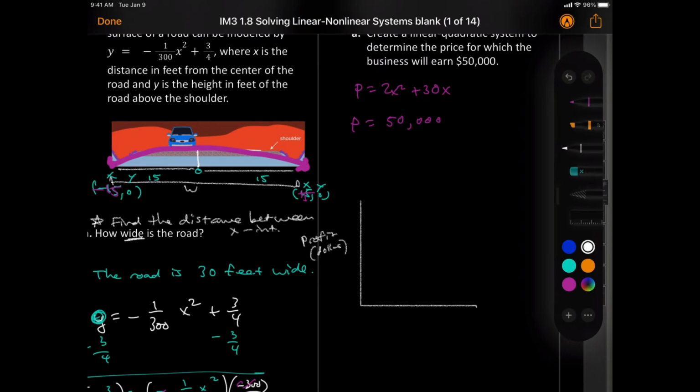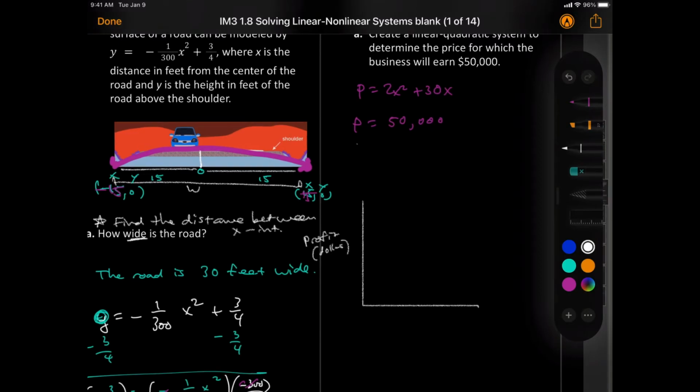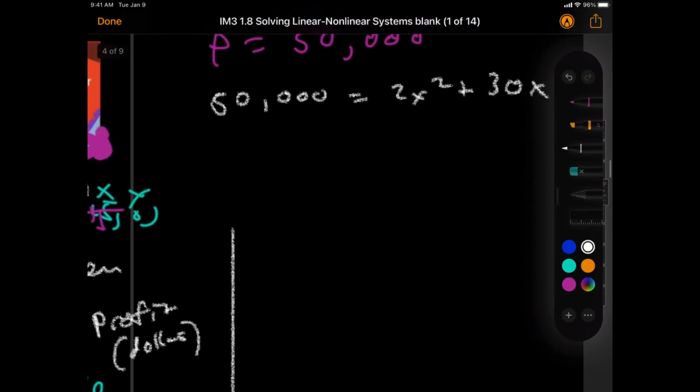Okay, so I have this equation here. Now notice they're both set equal to P. So if I set them equal to each other, because they're now set equal to P, does that make sense? Okay, let me show you one other way. P is equal to 50,000 and P is equal to 2x squared plus 30x, so you can basically delete that.